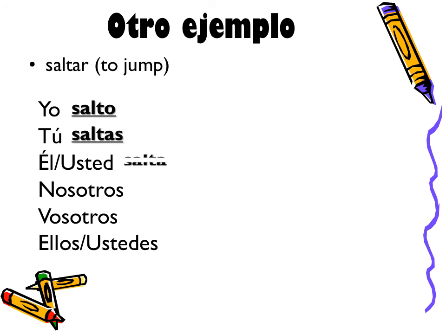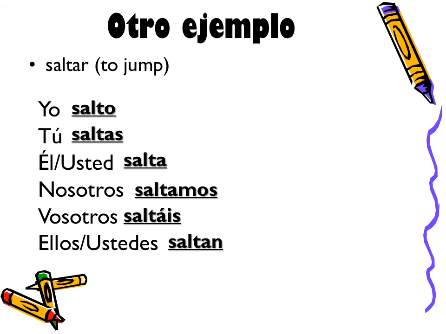Él, usted, salta. Nosotros, saltamos. Vosotros, saltáis. Ellos, ustedes, saltan. So this is the way your verb would look.